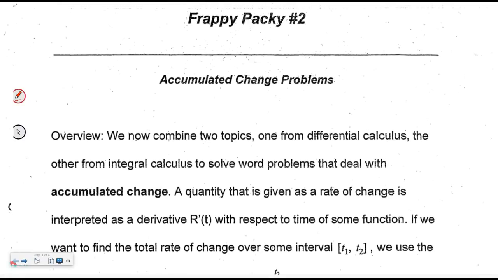In a book it's called accumulated change problems, but I actually like to call these rate in, rate out. So the general scenario is, and again, there's twists to it, but generally there's a situation where there's a quantity present. So let's just say it's chicken nuggets in the lunchroom.